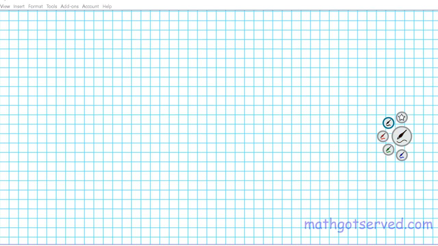Now let's review our squares first, and then we're going to take a look at our square roots and then attack the problem. So, a real quick refresher on our perfect squares.